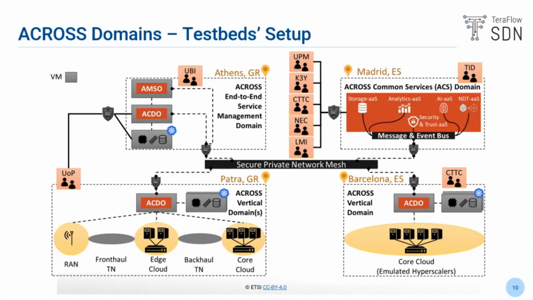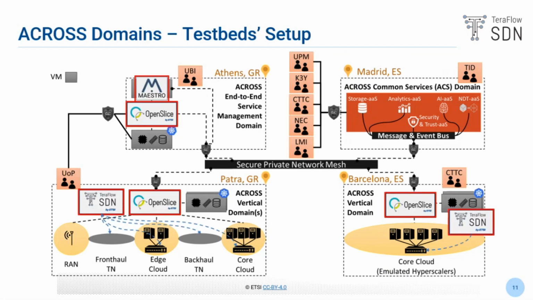Well, this is a slide illustrating in a bit more technical way this testbed setup. Maybe I can skip this part. The interesting part here is how we map this cross-domain and the multi-domain orchestrators to existing software, and also where TeraFlow fits.